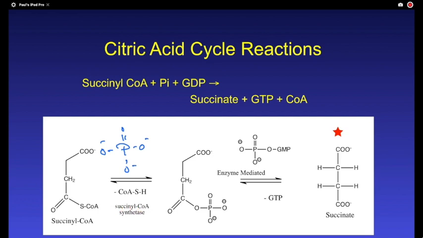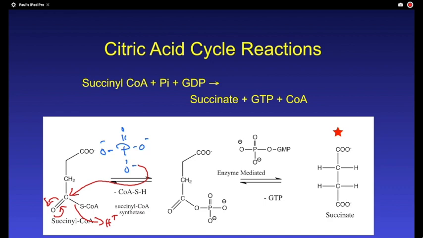And so what is going to happen here is one of these electron pairs will act as a nucleophile. I will attack, I will kick up, I will kick down, and I will pick up a proton, and the CoA leaves, and I have a phosphate on the organic intermediate. Now, what is interesting in this reaction that you probably should understand?